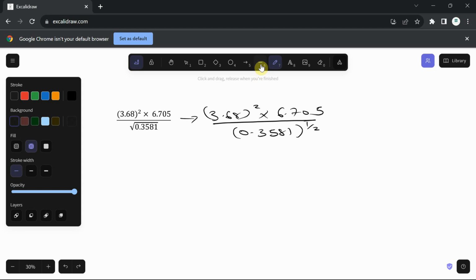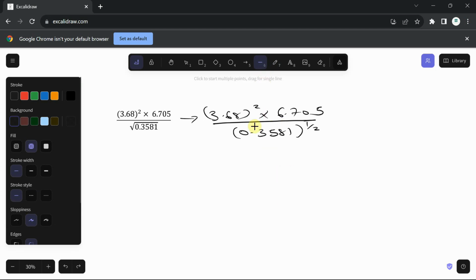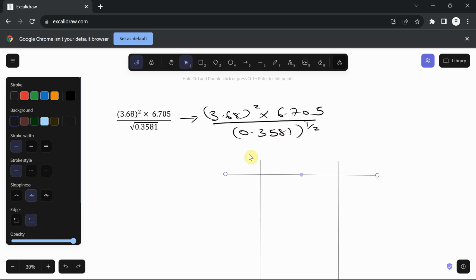When the top has 2 values that we're going to add, and the numerator is a bit complex, it's better to have 3 lines. Normally we use 2 lines, but because it's a bit complex at the top, it's best to use 3 lines.